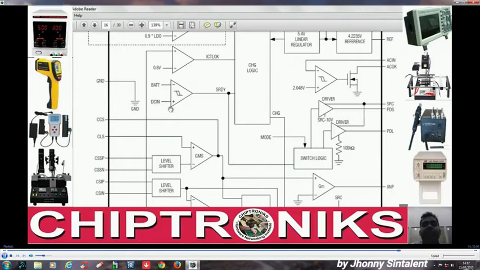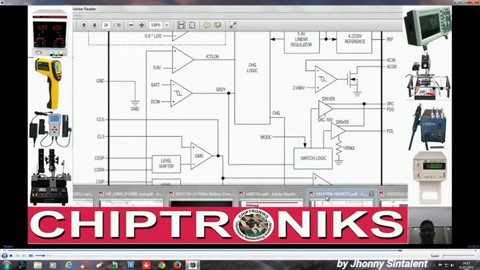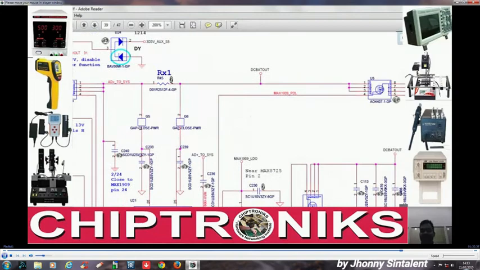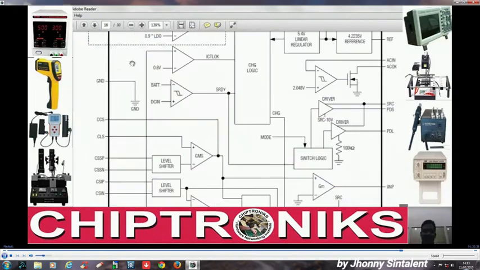So if there is no adapter present over here, then this would give a low value, 0 value, that will disable this switch logic, and in that case the PDS would be turned to SRC, right? PDS would be turned to SRC. So if PDS is turned to SRC, the voltage at gate would become the voltage at source, so this would be turned off.